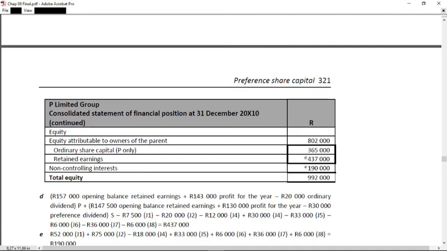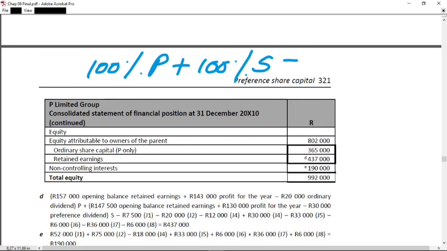Always remember the basics in a consolidated SFP line by line. It's always 100% P plus 100% S adjusted for your consolidation journal entries. And consolidation journal entries very specifically includes all those NCI amounts that you end up moving out to the NCI as a separate equity item in the consolidated SFP.